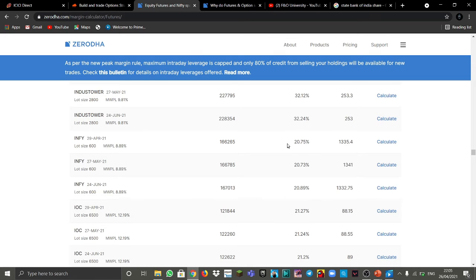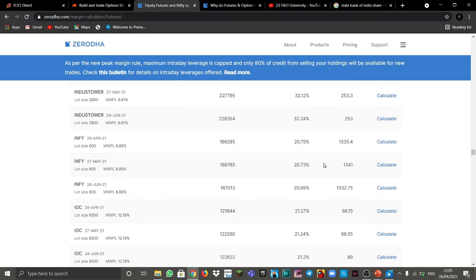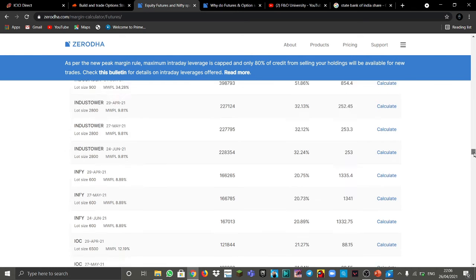For Infosys, you need to pay 20.75 for the current month, next month 20.73, and far month 20.89. Accordingly, this is the margin amount calculated for each month. And this is the last traded future price for Infosys. Every underlying asset would have a different lot size, as we have already seen.